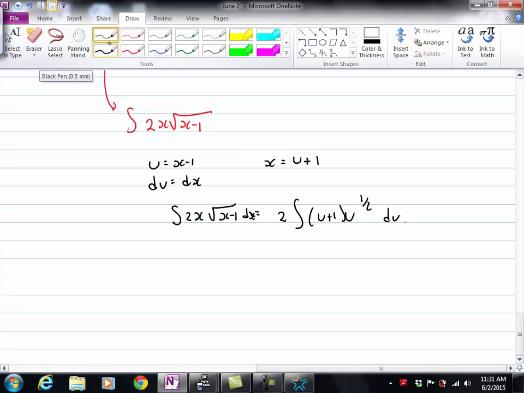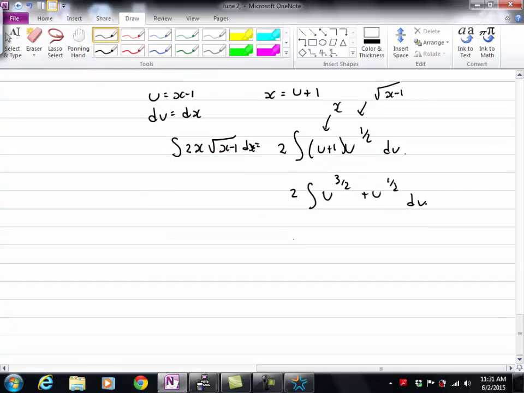So far so good? So here, would you agree this part is x? This part is root x minus 1. And I just brought the 2 to the front. And when I integrated this, what you get is 2 times u to the 3 over 2 plus u to the 1/2 du. Which you will get 2 times 2/5 u to the 5 over 2 plus 2/3 u to the 3 over 2.